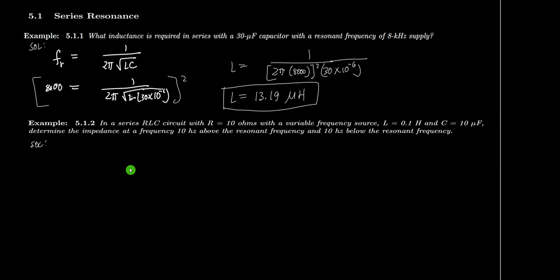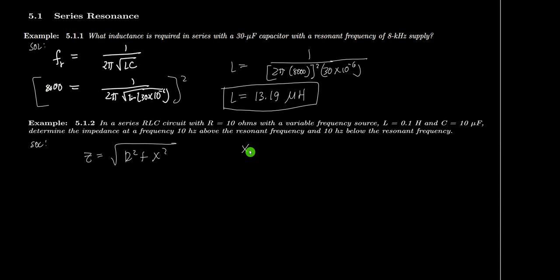The magnitude of the impedance is just equal to the square root of R squared plus X squared, where X is the difference between XL and XC. XL is the inductive reactance and XC is the capacitive reactance. We do that for 10 hertz above and 10 hertz below the resonant frequency.